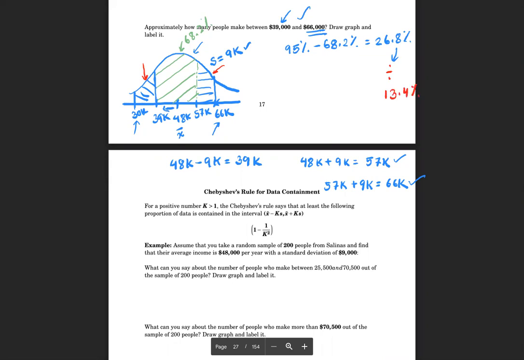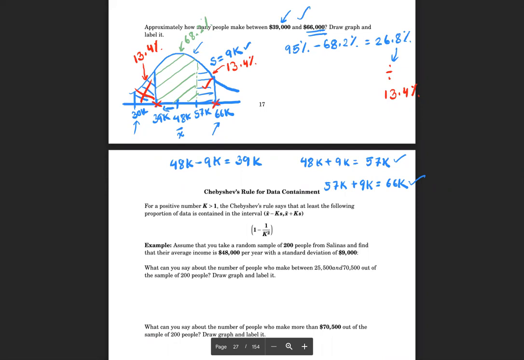So this is going to be 13.4%, and this is going to be 13.4%. Now, the left side we are not interested in. We don't care about it. But the right side we want, because we are trying to go from 39 to 66.